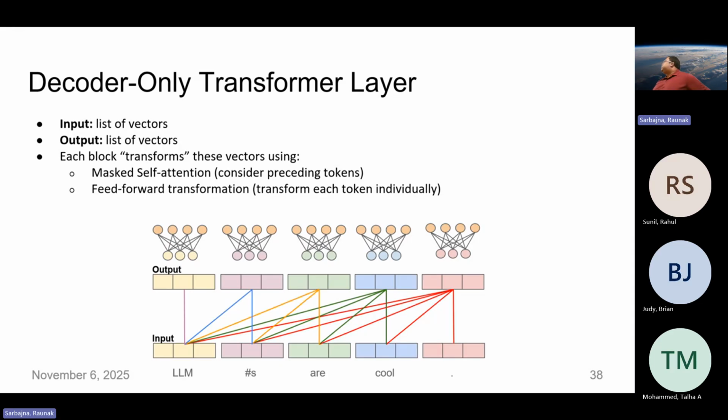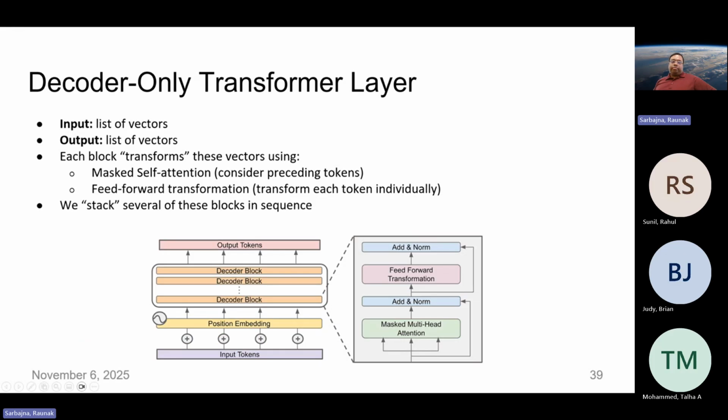Each of those tokens comes in through an entire feed-forward mechanism, an entire neural network. So think of it as a large neural network being constructed for the first word: a one-input neural network. Second word, a two-input neural network, and so on and so forth. That's the decoder-only architecture.